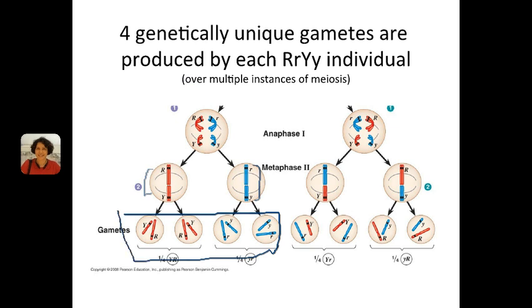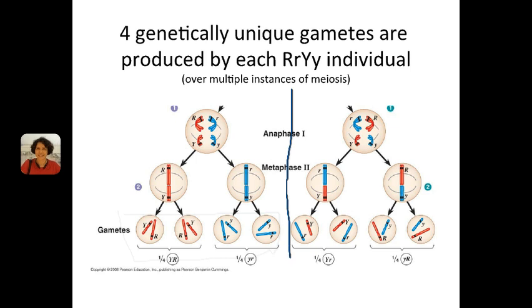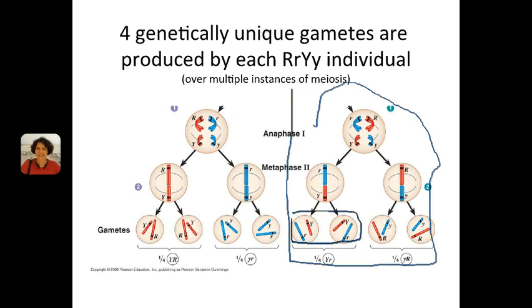So you've got big Y and big R. Two of them have that, and two of them have little y and little r. Then, if you look at another possible meiotic event, you have the other combination. So here two daughter cells have big Y, little r, and these two daughter cells have little y, big R.